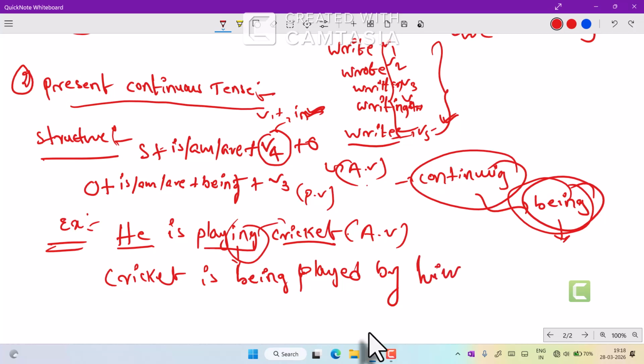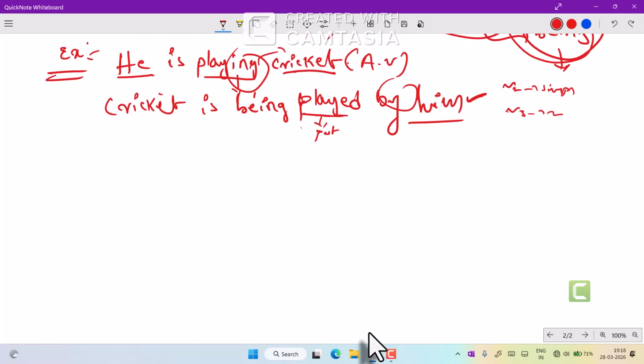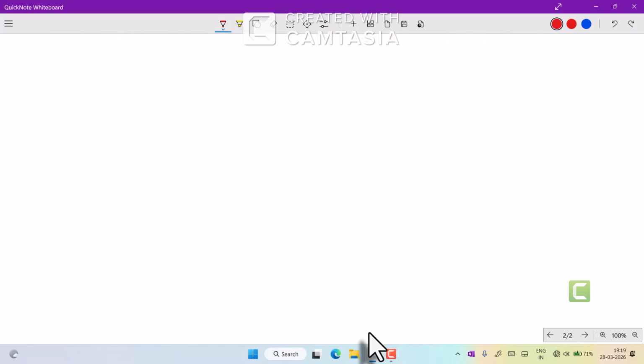Now you see, we brought the object to the subject, we added being and then played, the V3 form, the past participle. V2 is nothing but simple past, and V3 is the past participle. The pronoun he changed into him. So that's it. This is the present continuous tense.